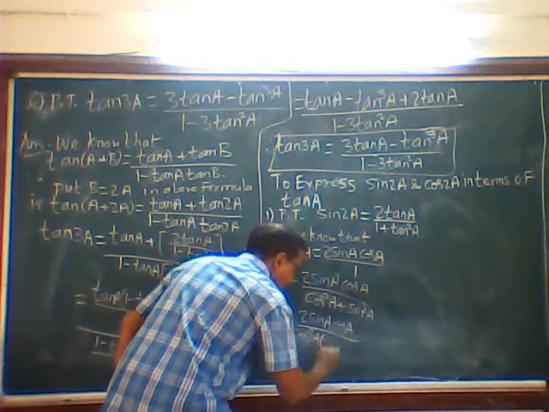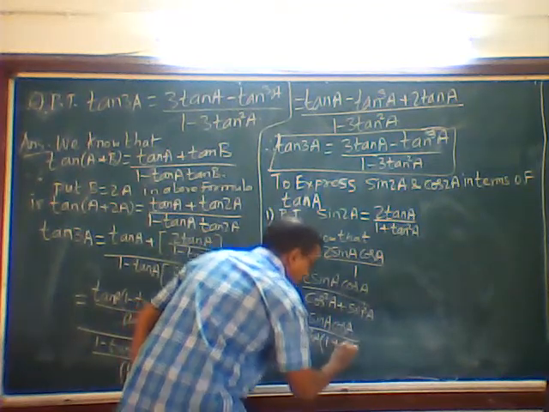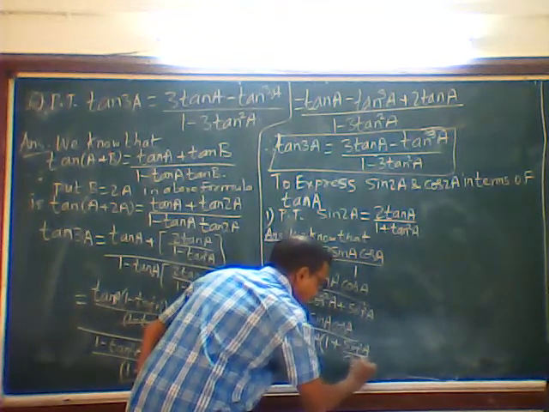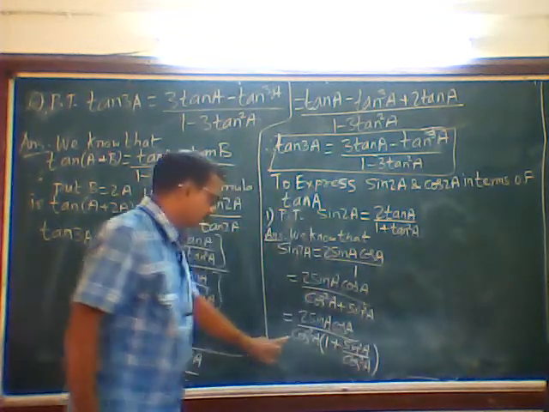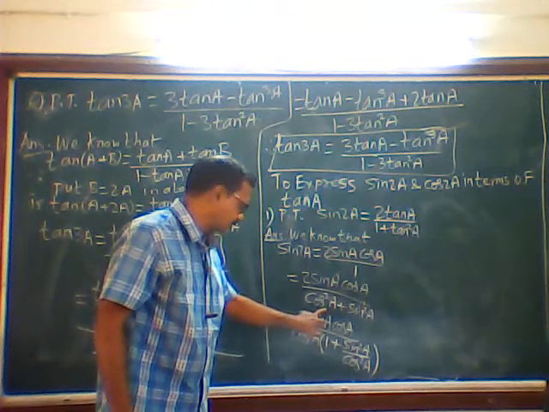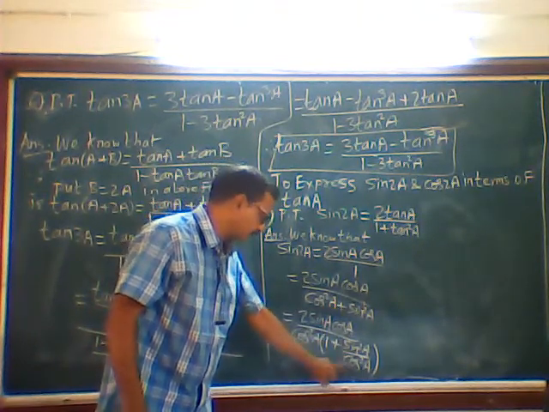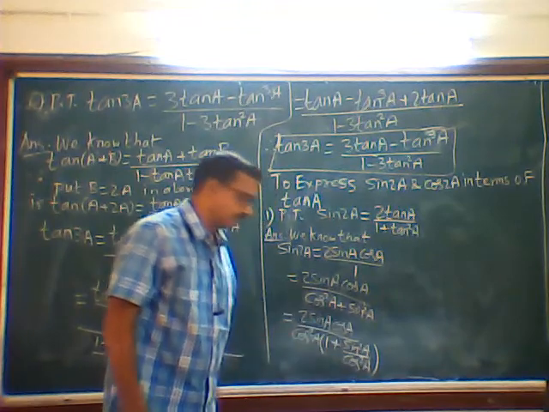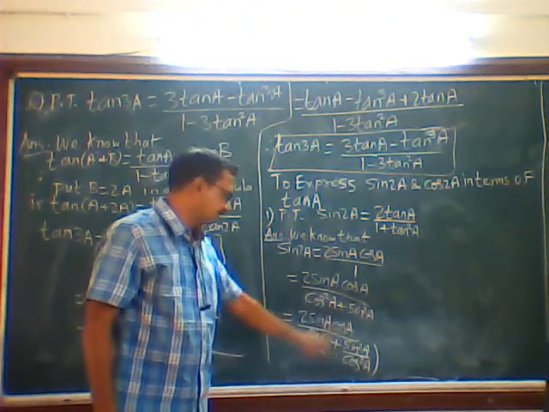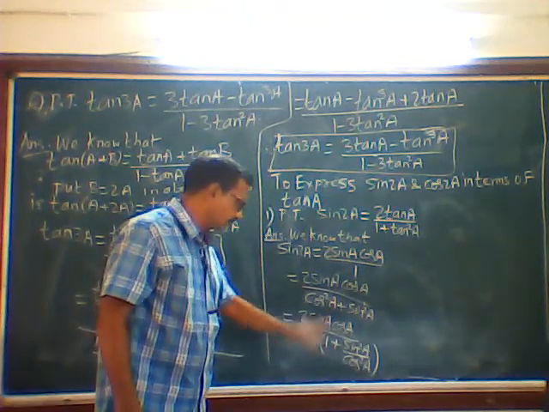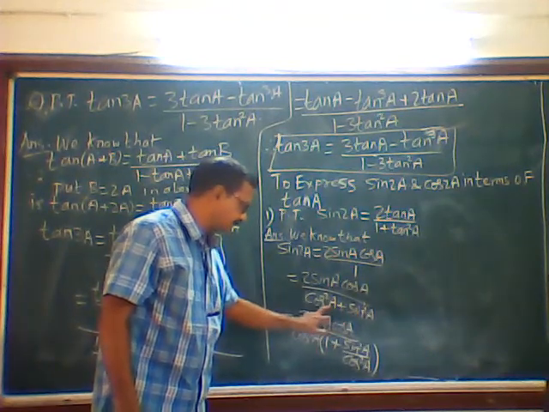If I take cos square a common, it will become 1 plus sin square a divided by cos square a. Here cos square a into 1 is cos square a, plus cos square a into sin square a upon cos square a. Cos square a cancels. I have taken cos square a common, 1 will come.